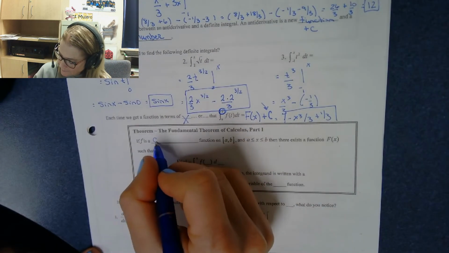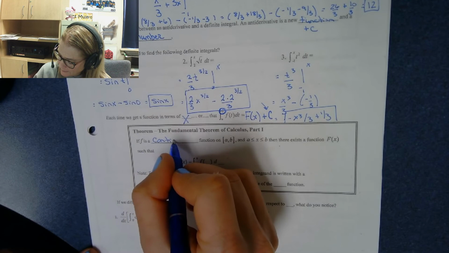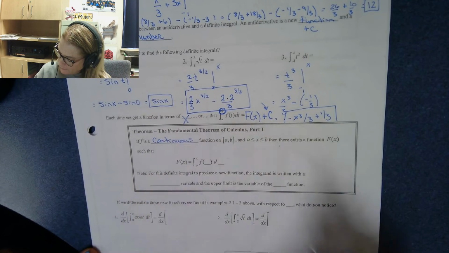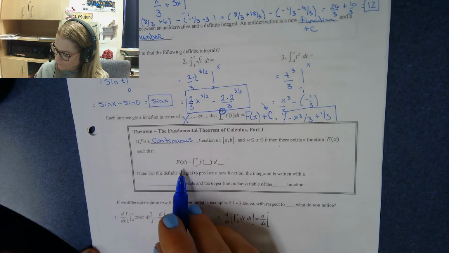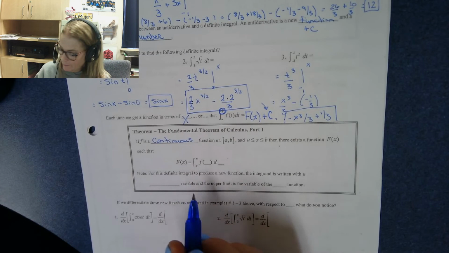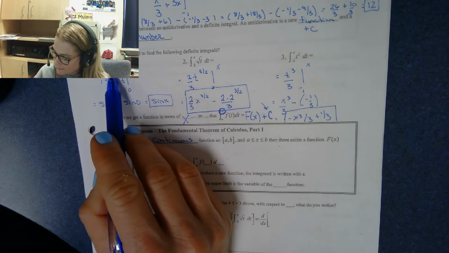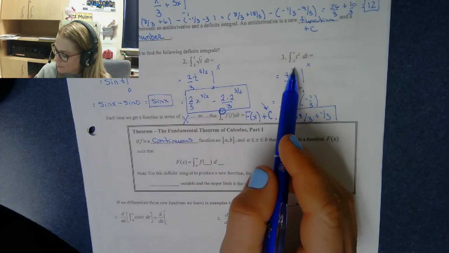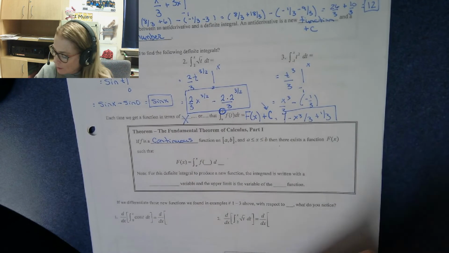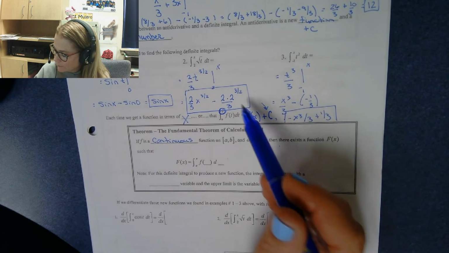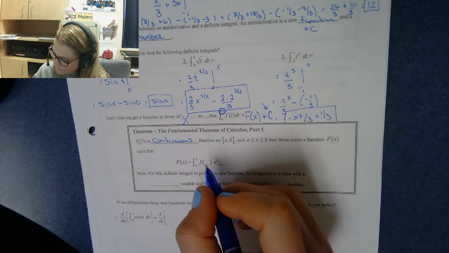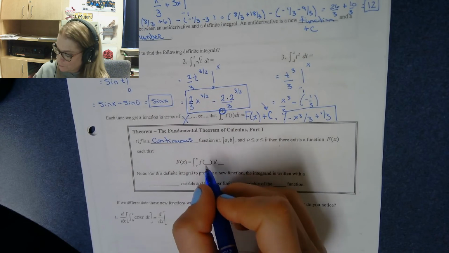So we're continuous, always continuous. There exists a function such that, if I have this a to x, so notice I've got this 0, this 2, this -1, and those are all very important because they're what we're subtracting off.